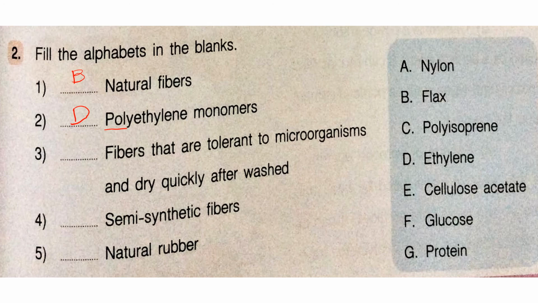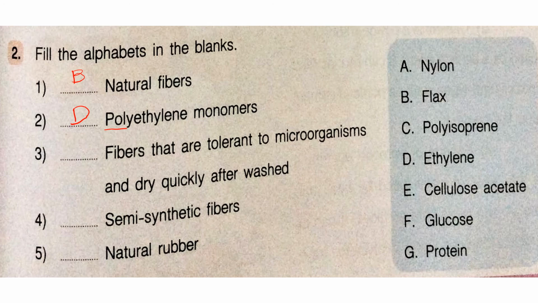Number three: fibers that are tolerant to microorganisms and dry quickly after washing. So we are looking for a synthetic fiber. Synthetic fibers are said to be waterproof, so they don't get easily damaged by bacteria or microorganisms.